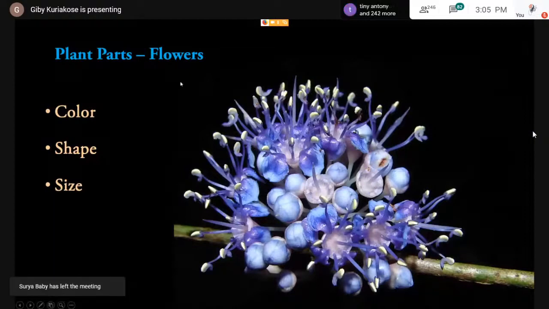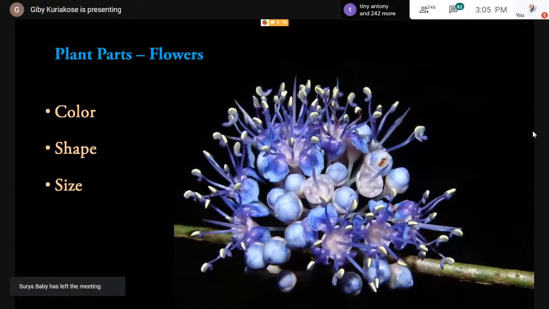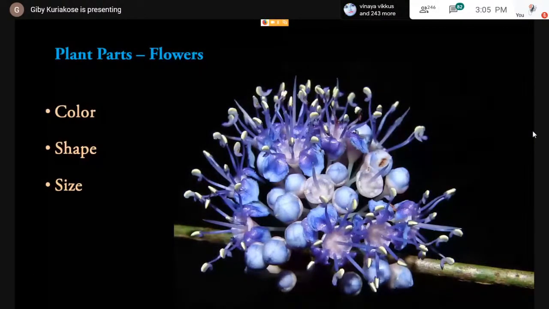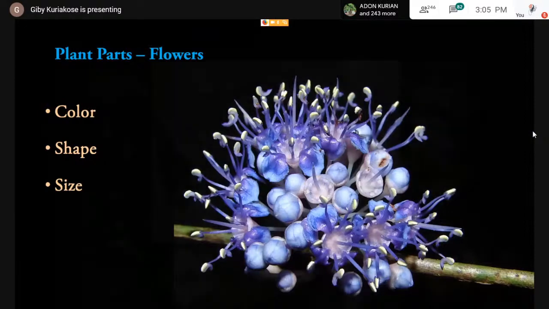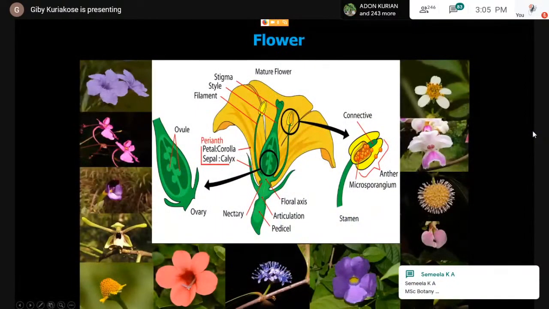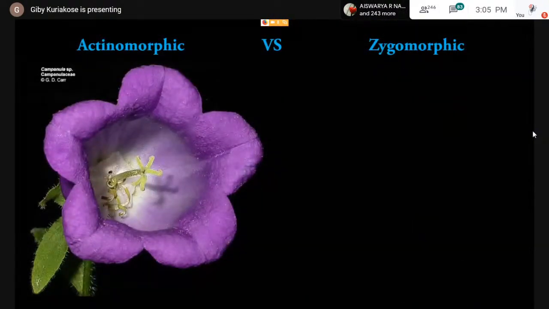Even if you travel from Cochin to Munnar, you can easily see the difference in the rose flower itself. The color that you get in Munnar may not be seen in Kochi. So the flower is very typical for angiosperms, and there are so many characters that we can look at.